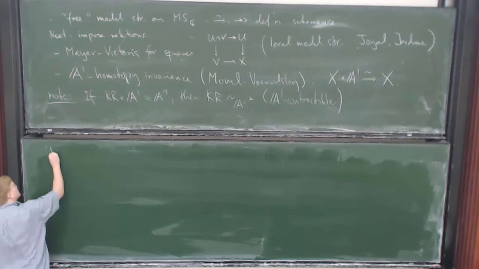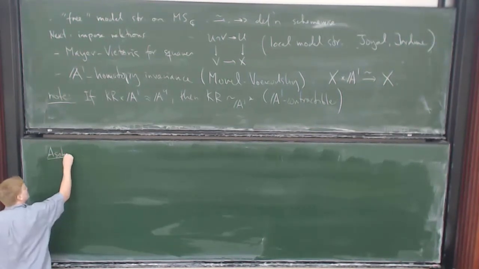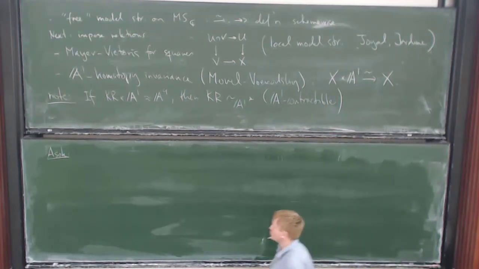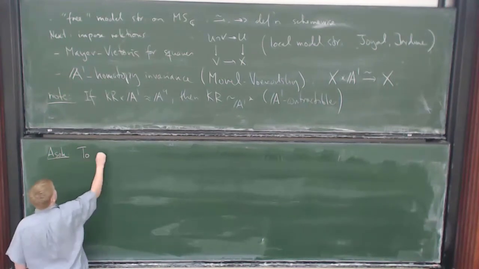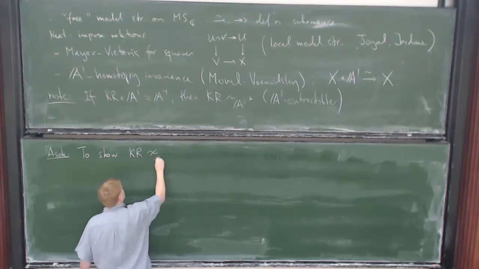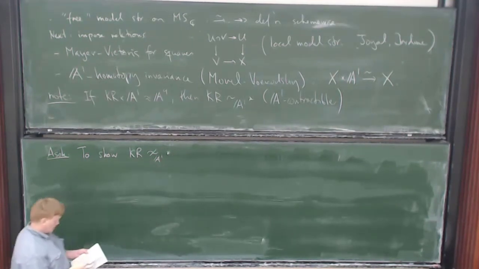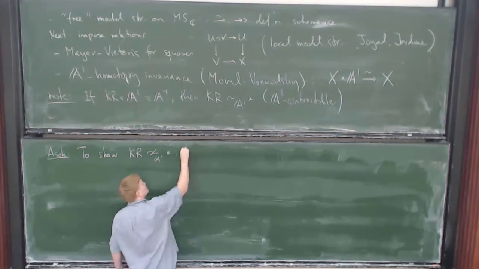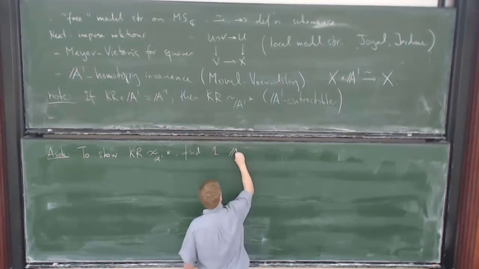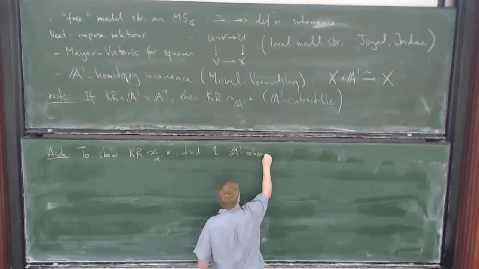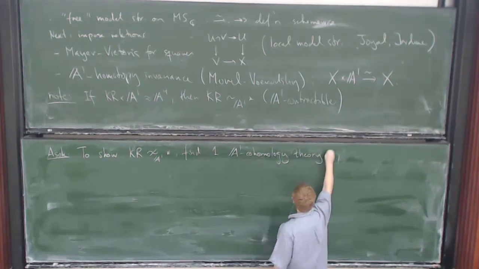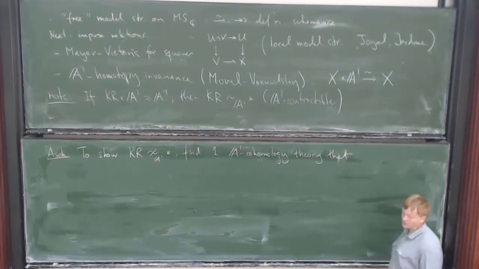So Asok had the following really ambitious program, to show that Kr is not A1 contractible. The idea is to find one A1 cohomology theory that detects non-triviality of Kr.